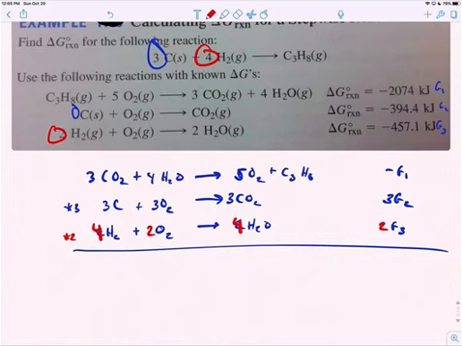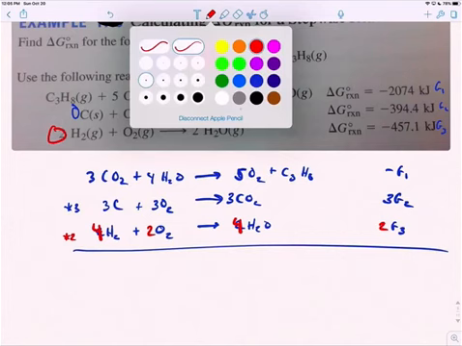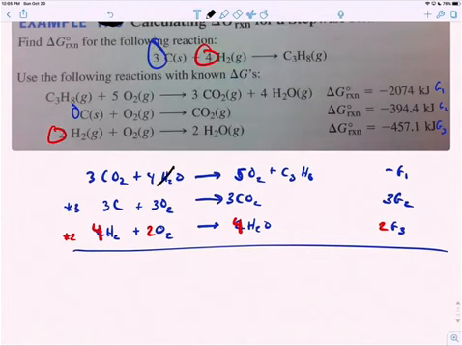So now I'm going to add this together. And when I do that, notice here in black, the 4 waters cancel, the 3 CO2s cancel, and 3 plus 2 is equal to 5 oxygens, and these 5 oxygens cancel.